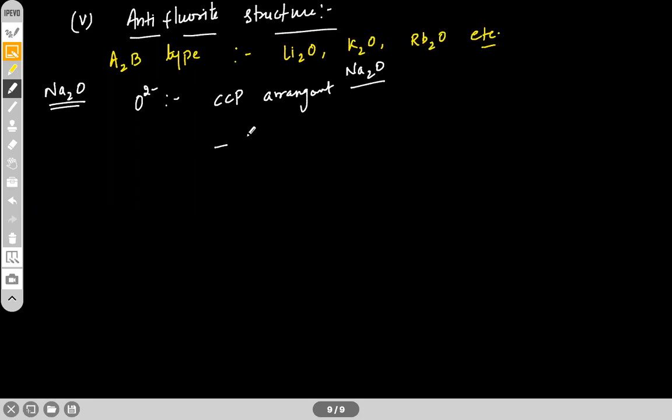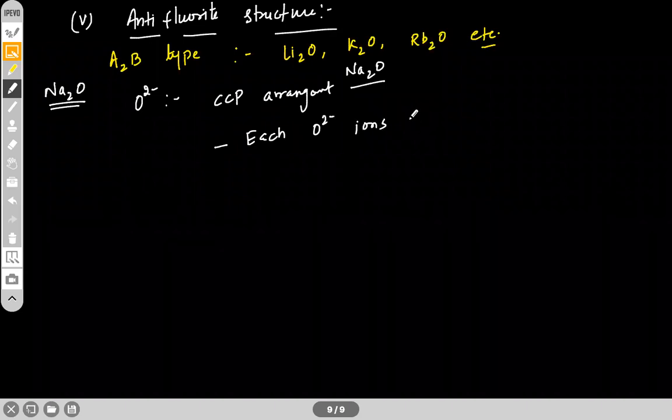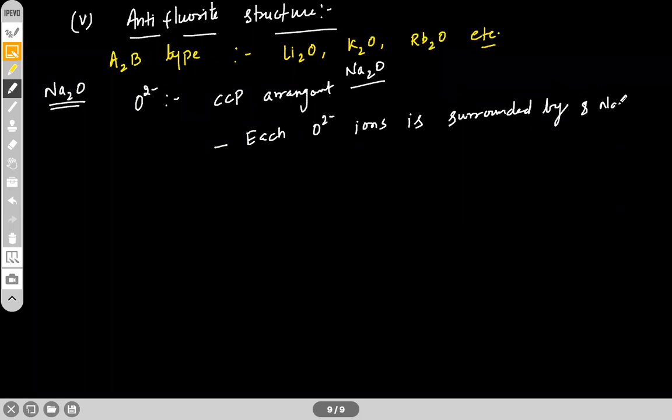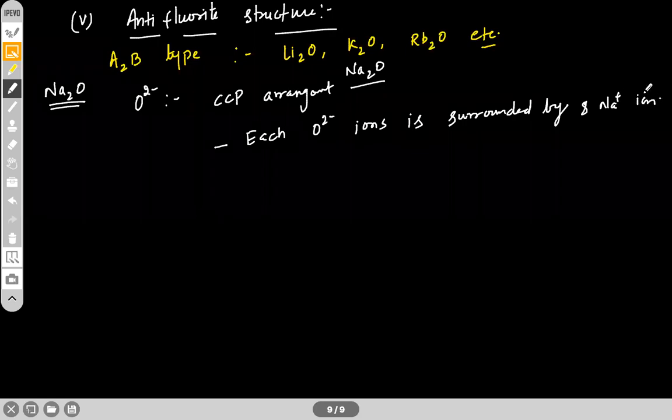And write down, each O2 minus ion is surrounded by 8 Na plus ions. For Na plus, the coordination number is 8.